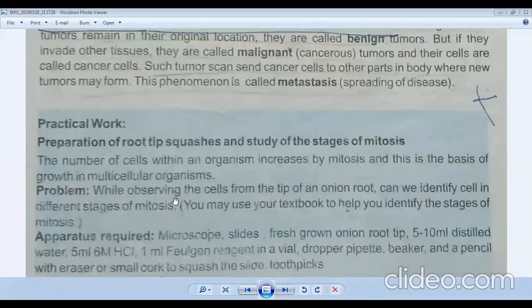So you have to write the definitions, they are very important. What is tumor?